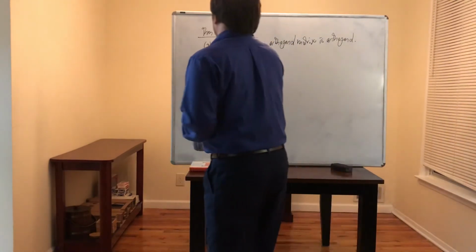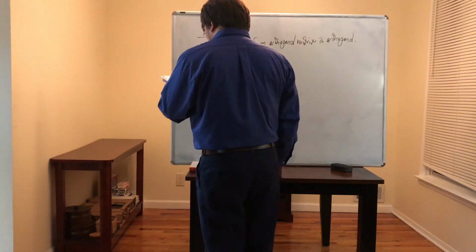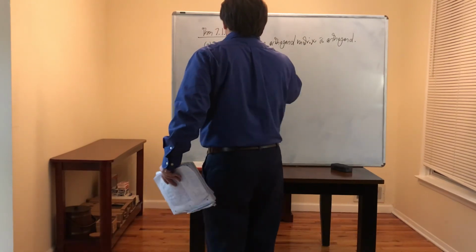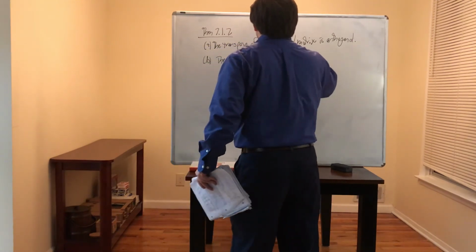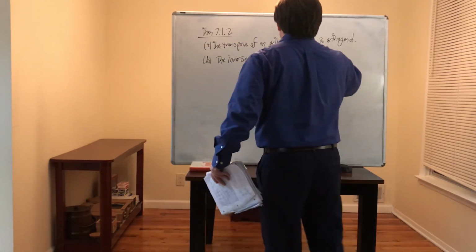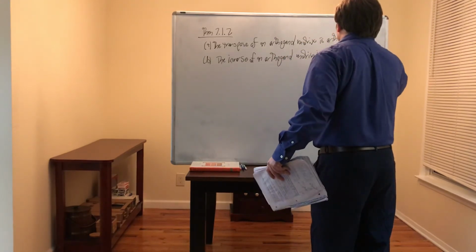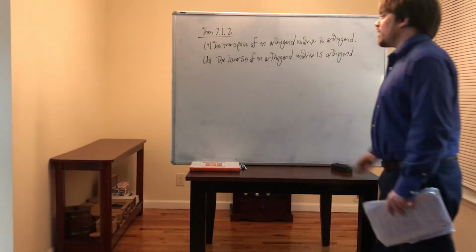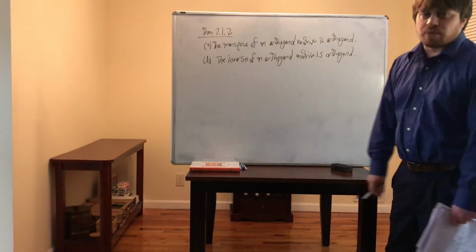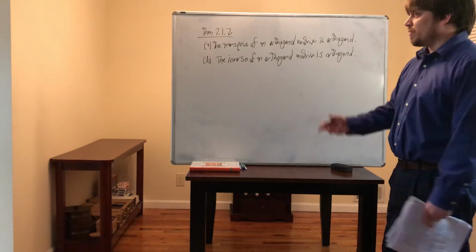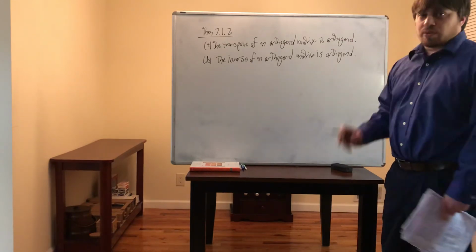B, the inverse of an orthogonal matrix is orthogonal. So if you have an orthogonal matrix and you take its inverse, that inverse is also an orthogonal matrix.